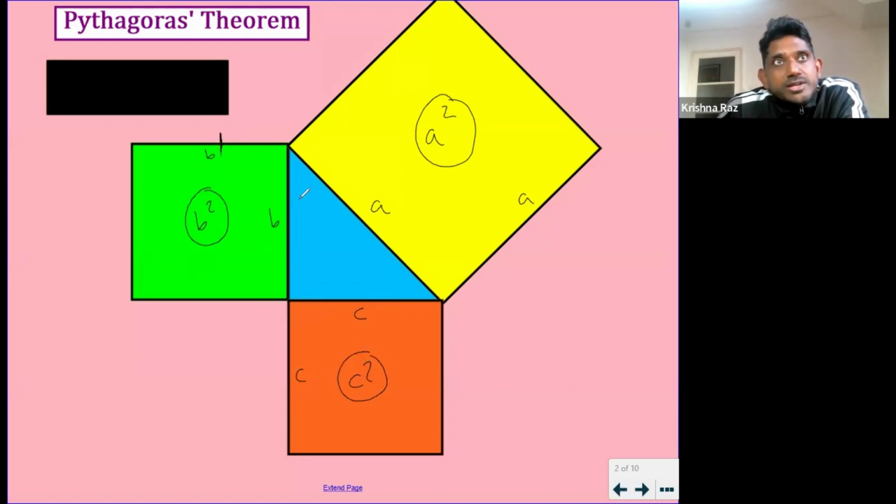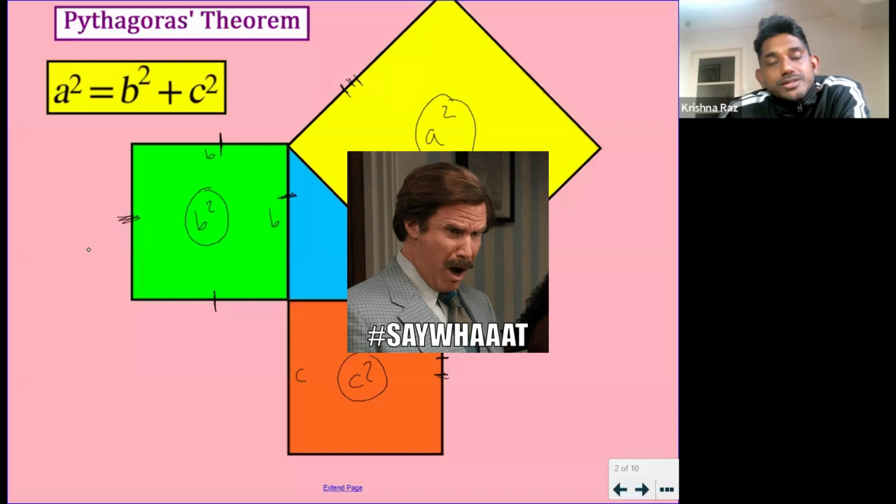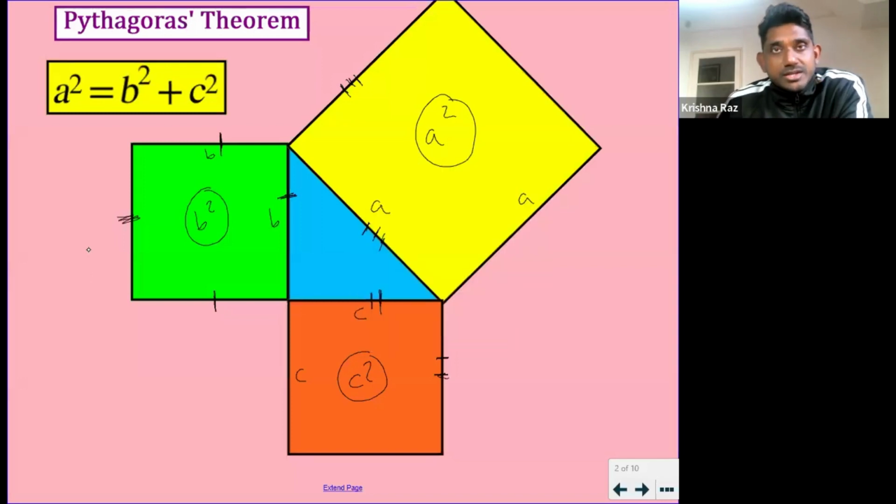All the shapes are squares, so all the lengths of those sides must be the same. And that's equal to that. Hence, A squared equals B squared plus C squared. So this is only for right-angled triangles, not any other triangle.